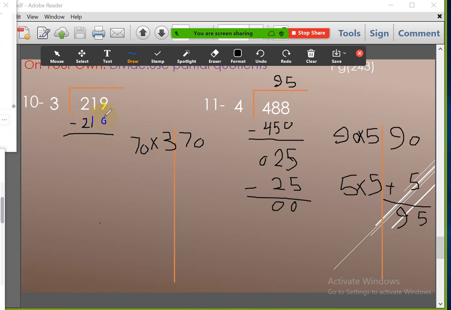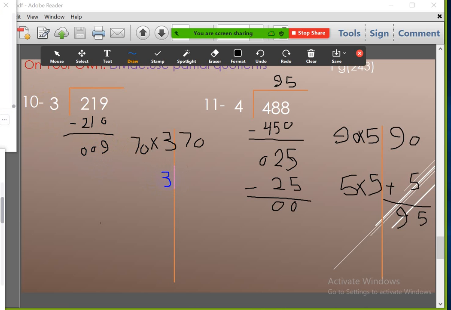Now I will subtract. 9 minus 0 equals 9. 1 minus 1 equals 0. 2 minus 2 equals 0. Now, can I divide 9 by 3? Yes, I can. So I will take the divisor, which is 3, and multiply it with a number. Which number will I multiply with 3?